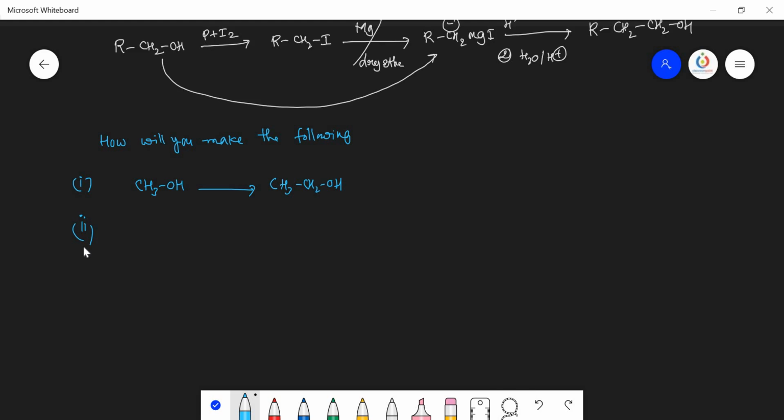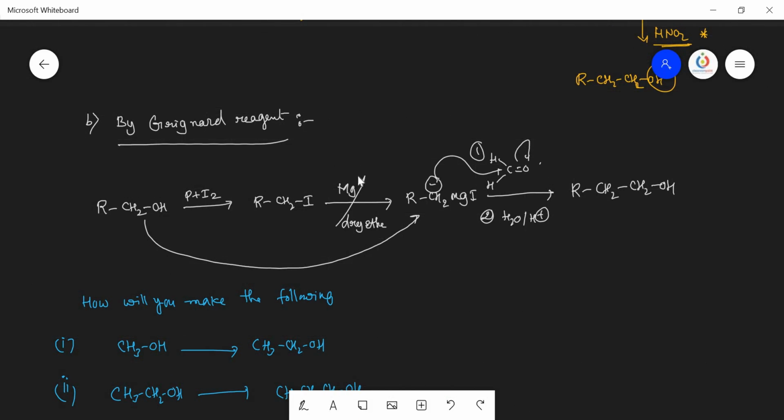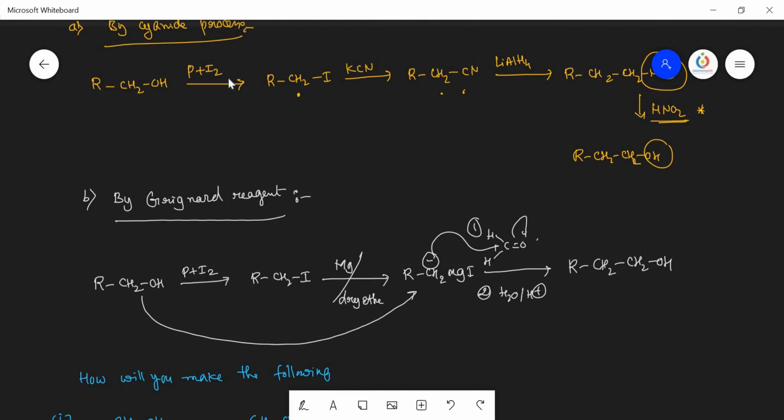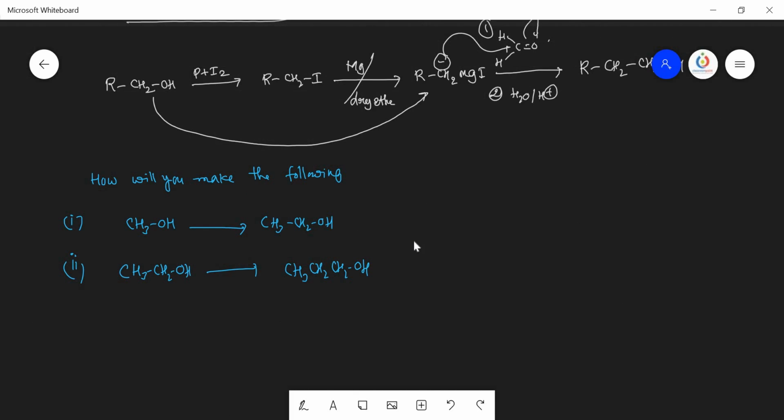Second one is ethyl alcohol CH3CH2OH into propyl alcohol CH3CH2CH2OH. So I request you please prepare these two compounds using the above two techniques. You can follow any of these processes, either the cyanide process or the Grignard reagent process. So you just prepare and keep it in your notebook.